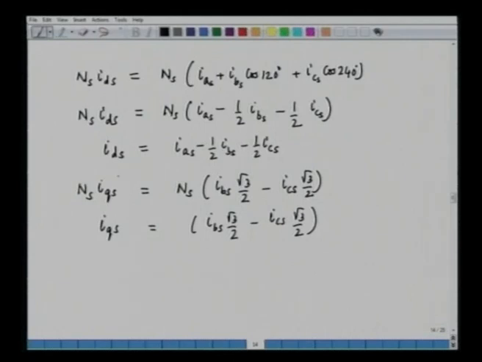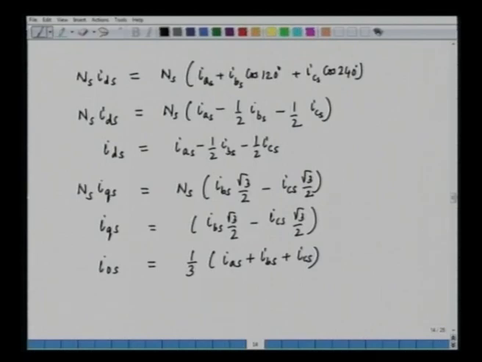In addition to the DQ component, we can sometimes also have the zero sequence component IOS, and that is equal to 1/3 of IAS plus IBS plus ICS. So, IOS is a zero sequence component. So, we have IDS, we have IQS, we have IOS.